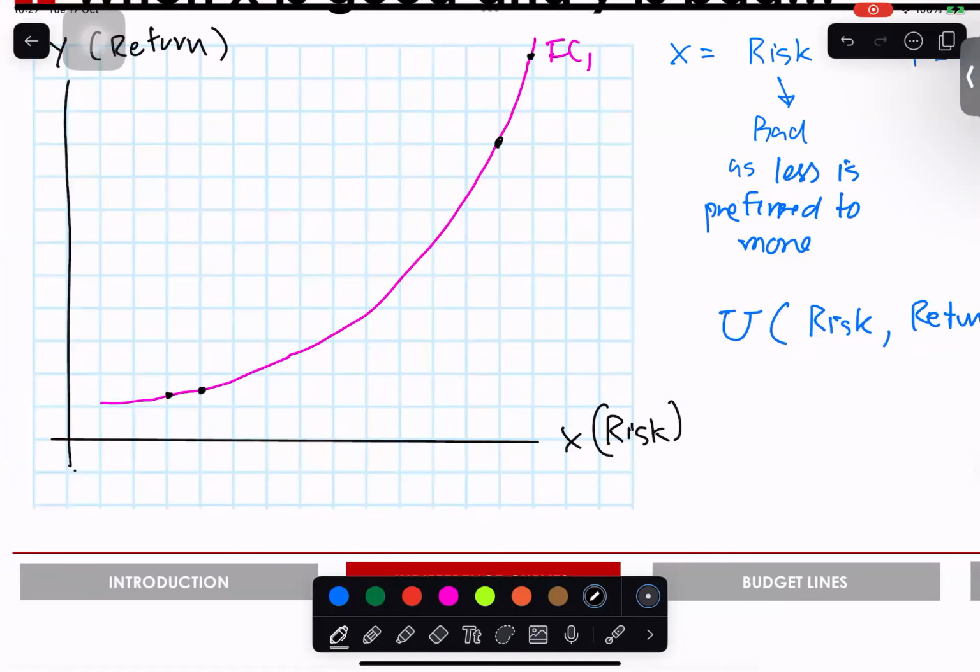Okay, let's make the picture ready to discuss then.